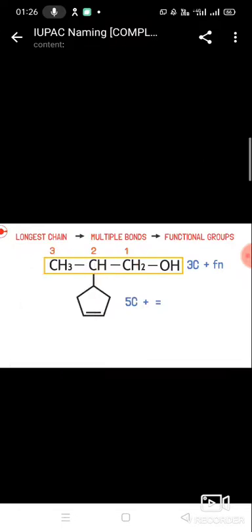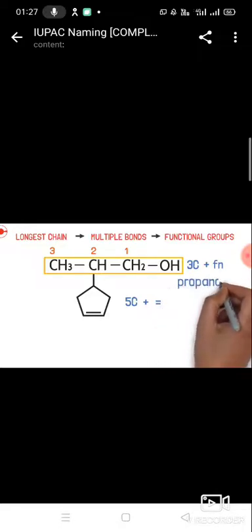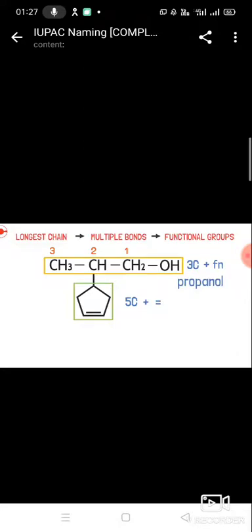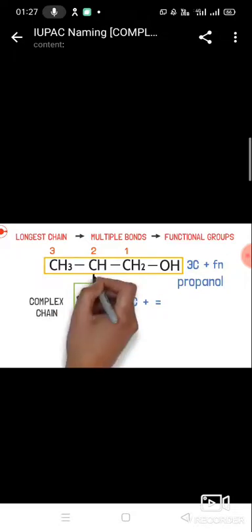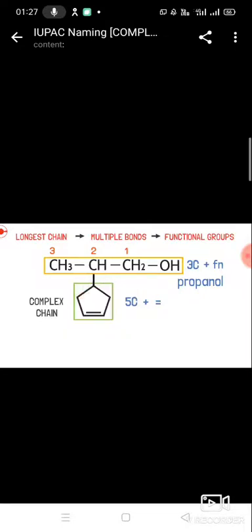So we have to give the number from OH. So 1, 2, 3, in the second carbon atom pentene is present. So propanol is the main one because 3 carbon atoms, the complex chain is a pentene. So in the second position pentene is present. In that pentene also, the double bond is present in the third carbon atom.